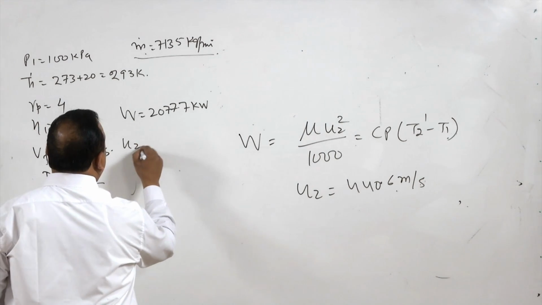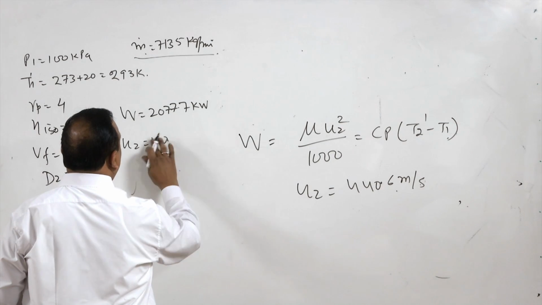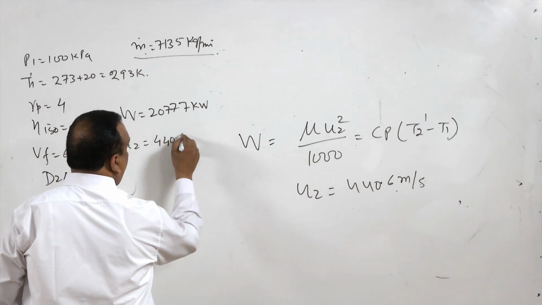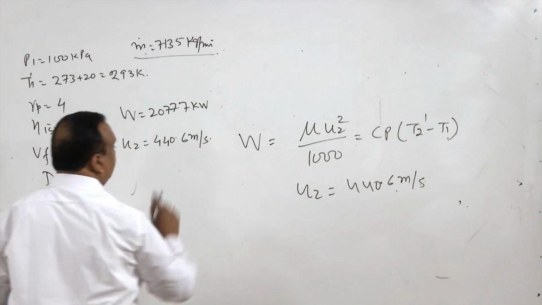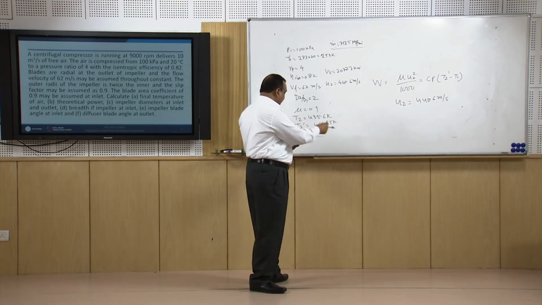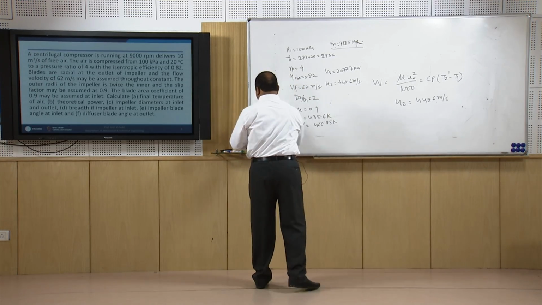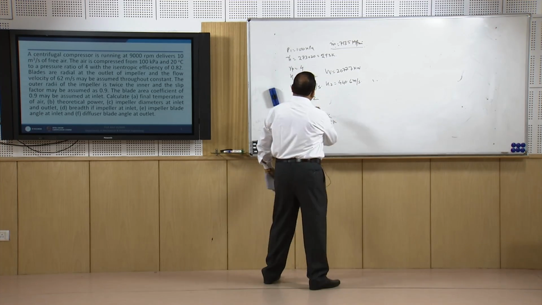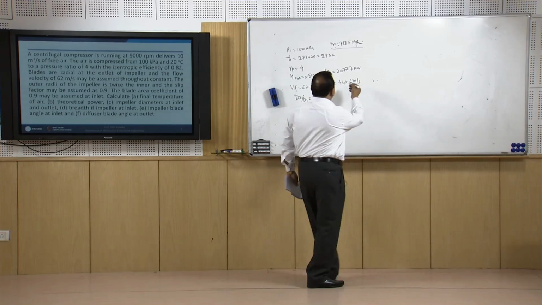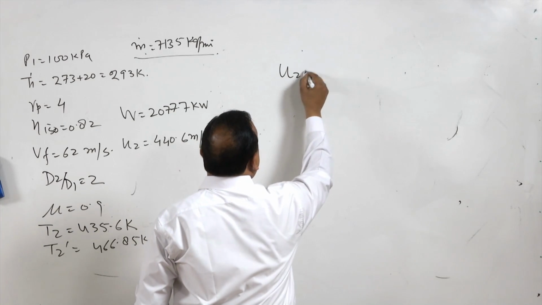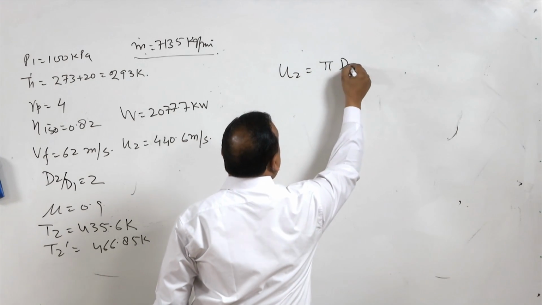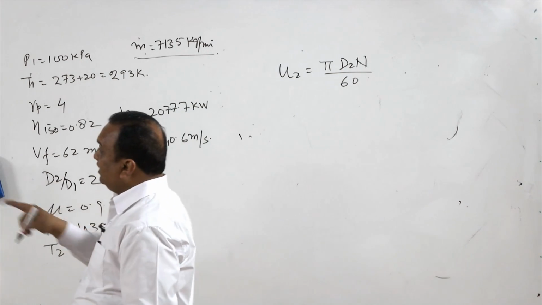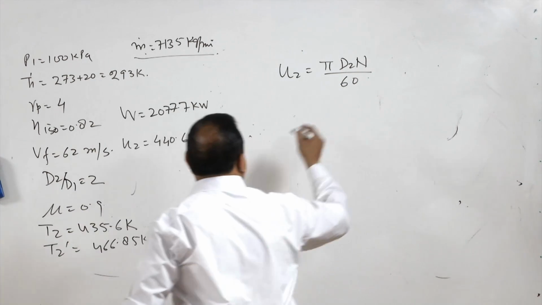Now U2 is equal to pi D2 N by 60, N is given as 9000 rpm.